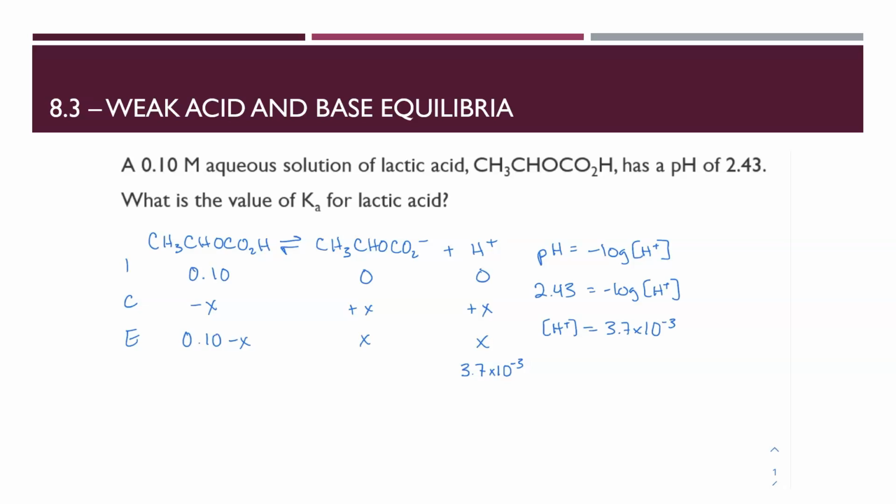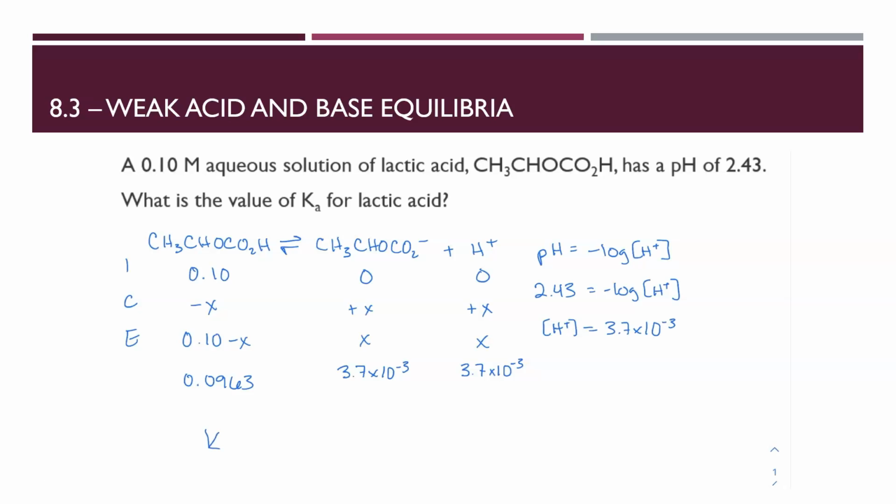We know that our lactate ion, I think it is, would also be 3.7 times 10 to the negative 3. And then our lactic acid would be 0.1 minus that amount, which gets us 0.0963.